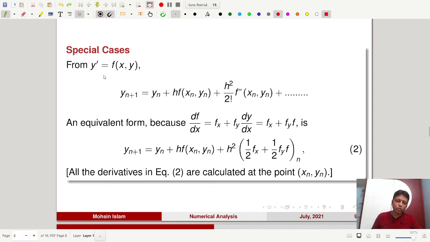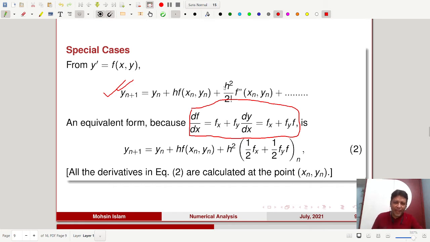Now special cases. For dy/dx equal to f(x,y), we have this Taylor series expansion: yn plus 1 equal to yn plus h f(xn, yn) plus h squared by factorial 2 f double prime, that is the double derivative f(xn, yn), etc. An equivalent form, because you know this relation, df/dx, you can write the partial derivative with respect to x plus the partial derivative with respect to y times dy/dx, that is the df/dx.